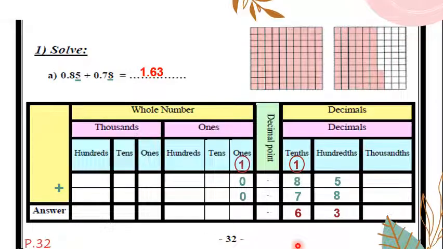So I'm gonna write 6 and carry up 1 in the ones. 1 plus 0 equal 1. So the answer is 1 and 63 hundredths. So I'm gonna write the answer 1.63.